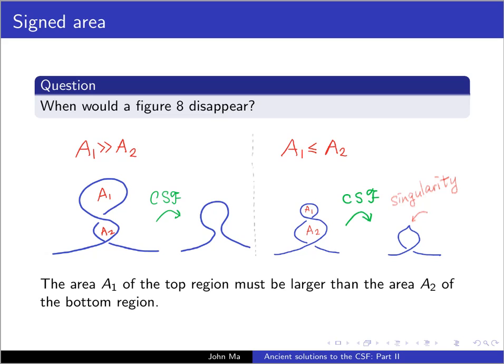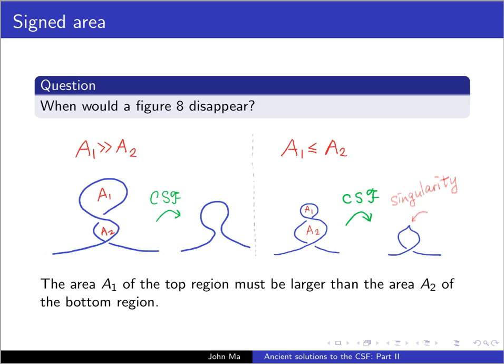Okay, so in the left picture, this is the situation that we want. We want the top loop to be much larger than the bottom one, so that when you apply this curve shortening flow, the smaller loop will disappear before the bigger one, so that we have the picture that we want.